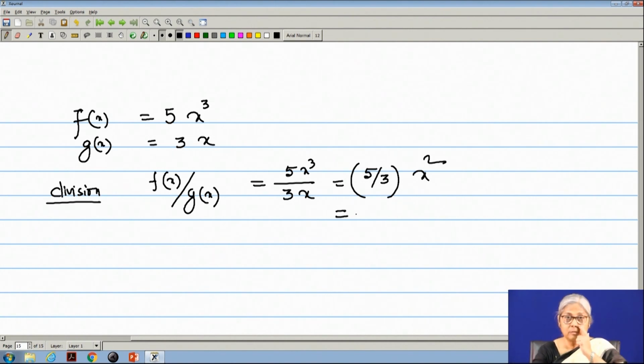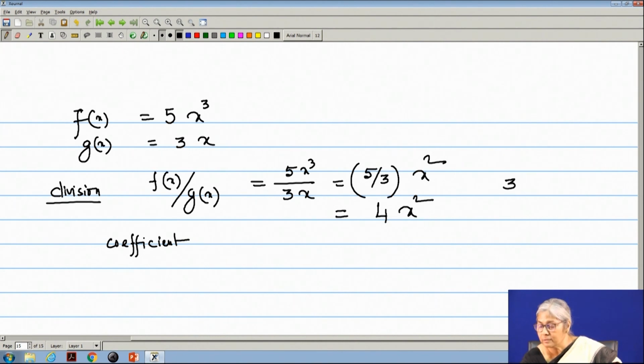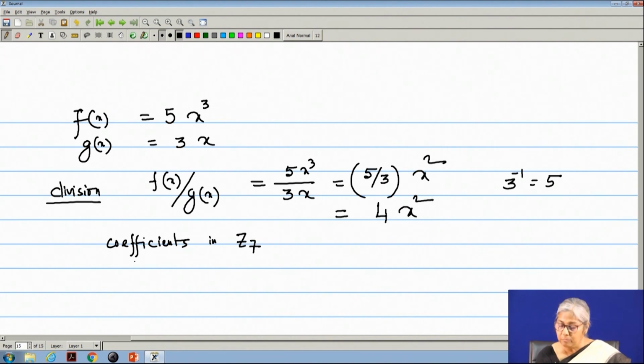In ordinary division I cannot get this, but if the coefficients are in modulo 7, then just now we have seen that it is 4x square, because 3 inverse equals 5. Here the coefficients are in Z7, because 5 and 3 all belong to Z7, that is 0 to 6.